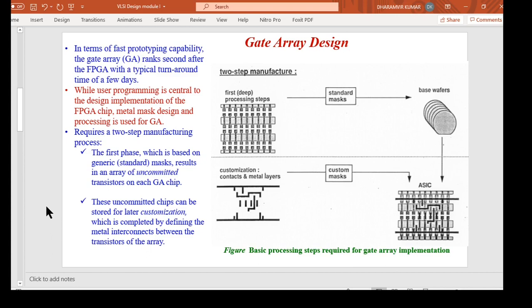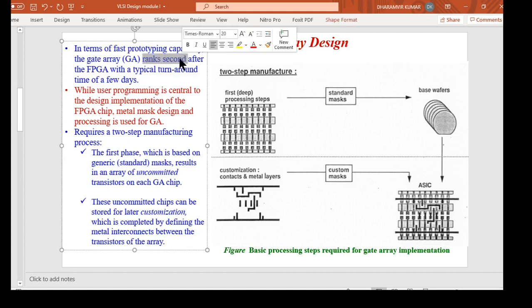In this gate array design, this is capable of giving us fast prototyping, means we can produce chips in less number of days, and it ranks second after the FPGA.